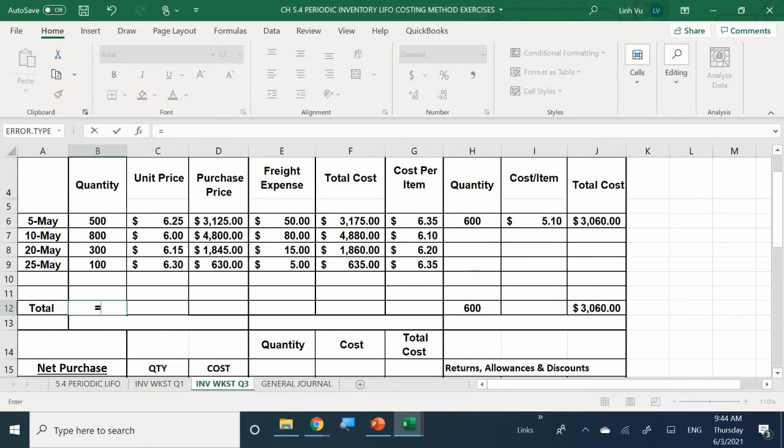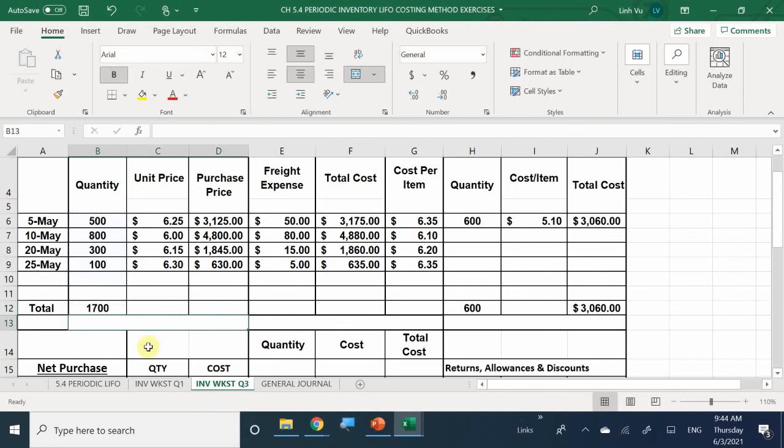All right. So now that we've reached the end of our given period, let's sum up our total columns here. What was my total quantity? How many did I purchase in general? On the quantity, 1,700. And since you've already solved for that one, it is 10,400.